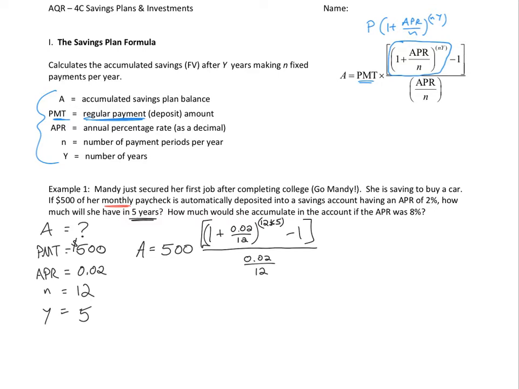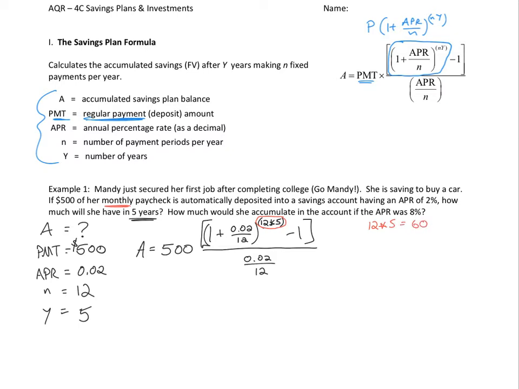So the first thing I want to do is notice that in this exponent, I have 12 times 5. I want to take care of that multiplication as quickly as I can, so I only have one value up there instead of 2 being multiplied. So 12 times 5 is 60.